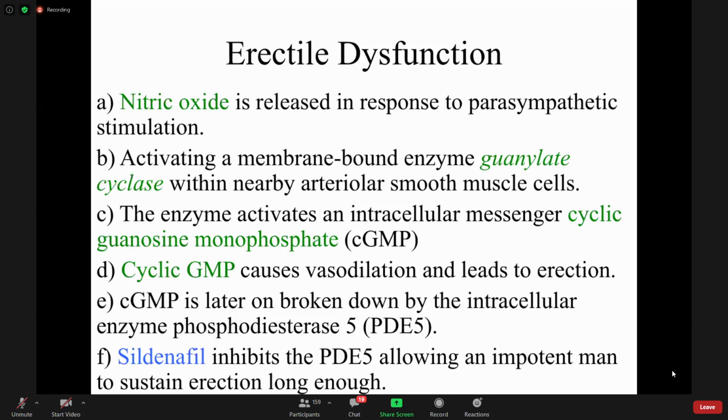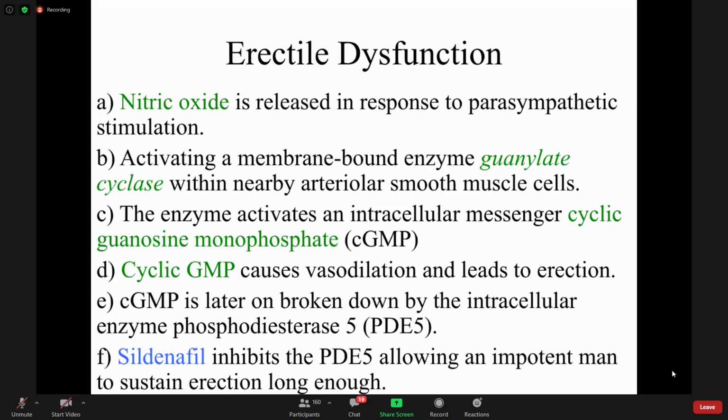Now, if the cyclic GMP is not present, or is being suppressed and not broken down, then it will lead to a greater amount or greater time of erection.